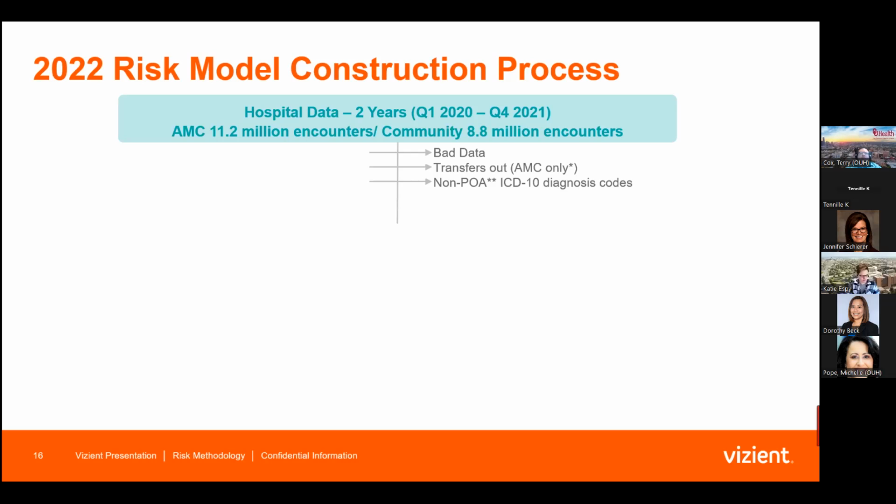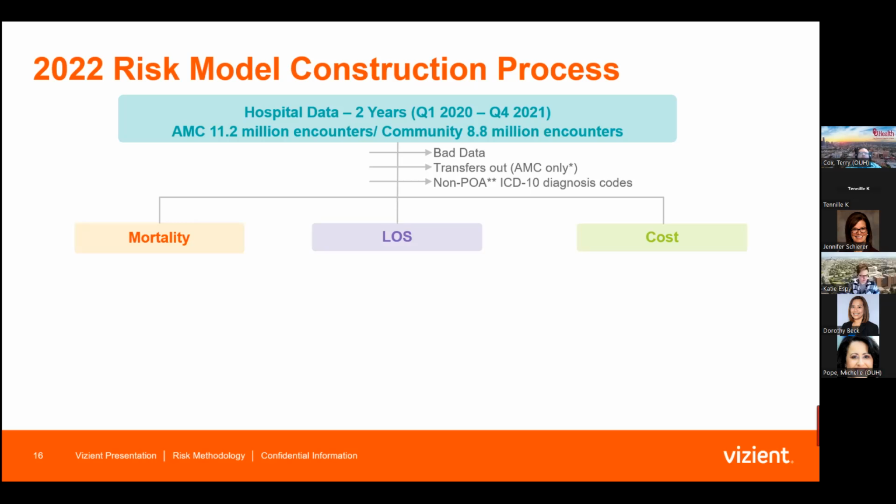And then we immediately exclude some data from contributing to the risk modeling process. So we exclude bad data, we remove transfers out, and we ignore most ICD-10 codes that are not present on admission. Then we copy this data set 3 times to get mortality, length of stay, and direct cost modeling.